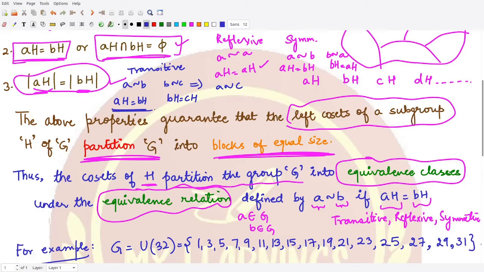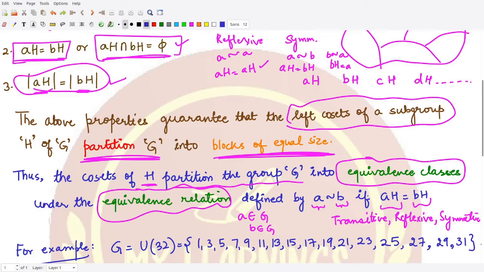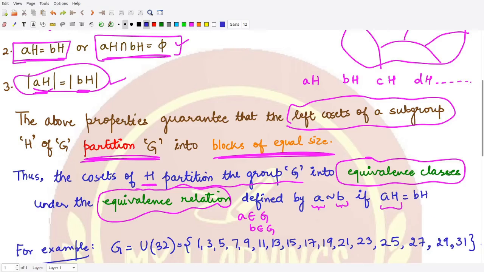So from here you can see AH is also equal to CH, correct? If that is so, that means A and C are also related to each other, hence our transitive property is also there. So therefore in this case it forms equivalence classes, because here we have an equivalence relation defined just like this, correct? So therefore the partition forms equivalence classes of equal sizes.